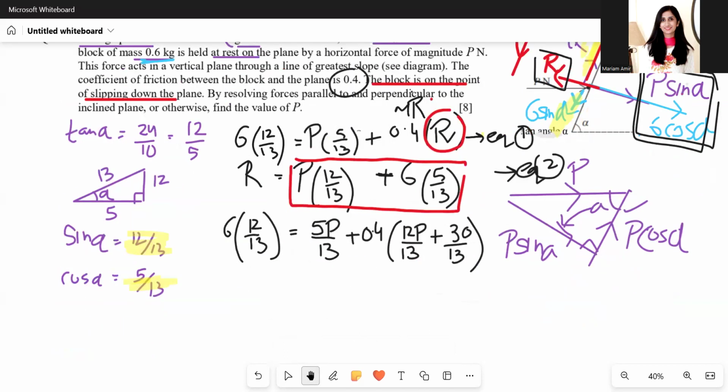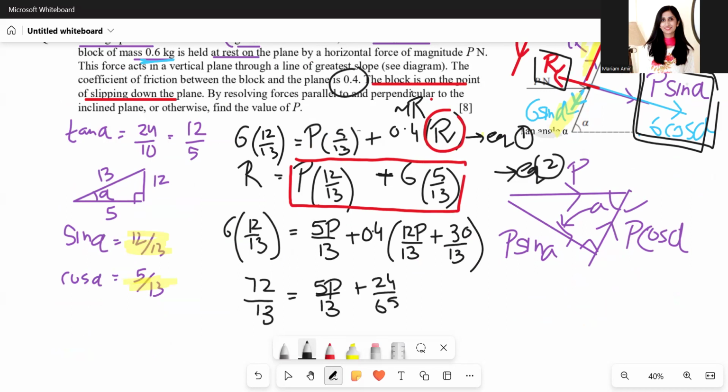So I'm going to do 6 times 12 divided by 13, which gives me 72 upon 13. I'm sticking to fractions instead of decimals to avoid premature rounding. This would be 5P over 13 plus 0.4 times 12 by 13, which is 24 over 65. So 24 over 65 P plus 0.4 times 30 by 13, 12 by 13.